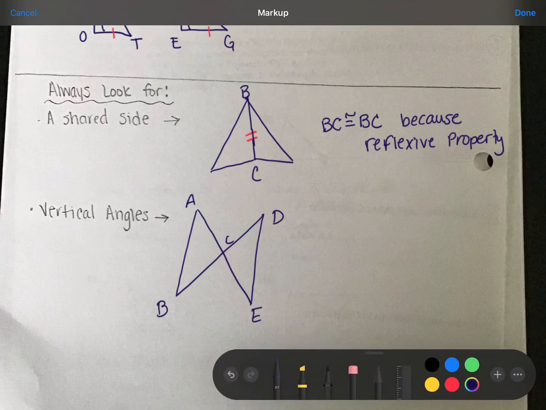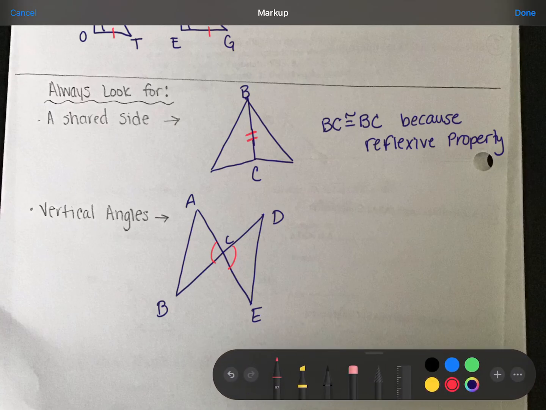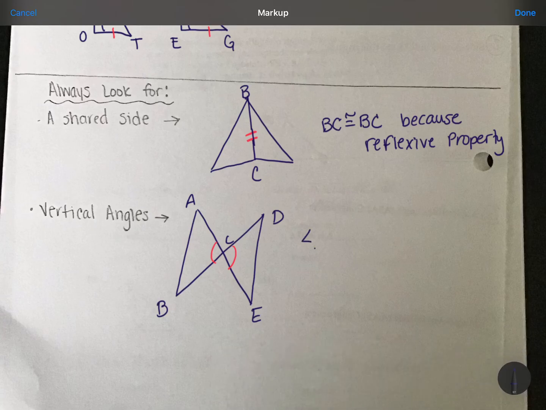And so inside my triangle, I'm allowed to legally add vertical angles because we may need to have some congruent angles, so we can use angle, angle, side, or angle, side, angle, something like that. So I can say that angle ACB is congruent to angle DCE because of vertical angles. We already know vertical angles are congruent.